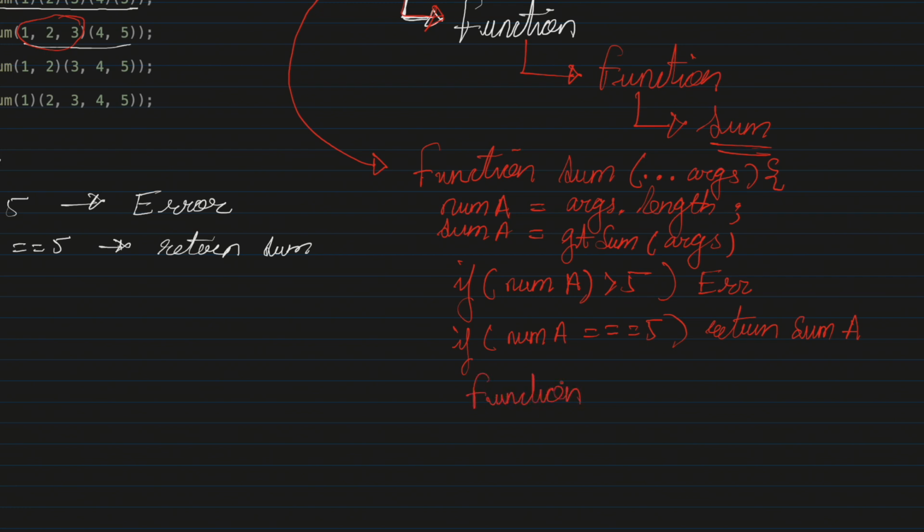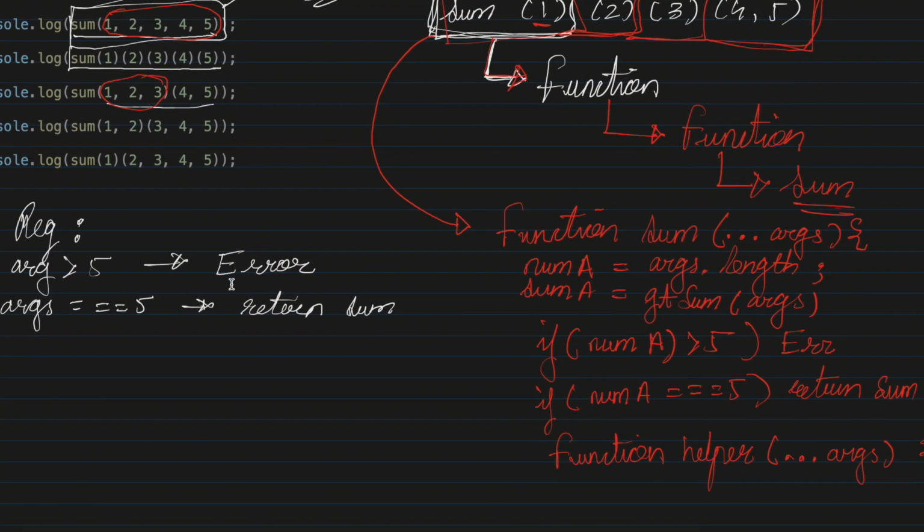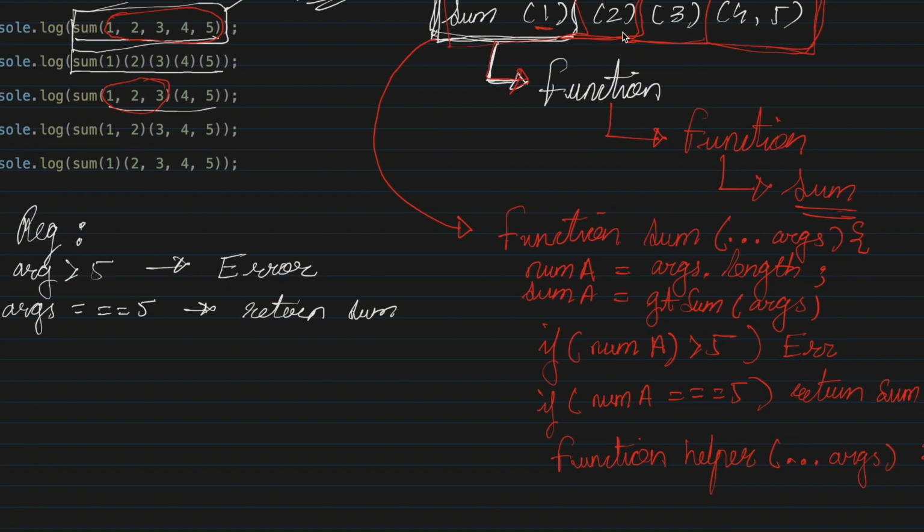Let's name this function helper, and this function will also receive a variable number of arguments. If you haven't understood why this will receive a variable number of arguments, let's go back and see that here the function call received 2, the second bracket here received 4, here 3.